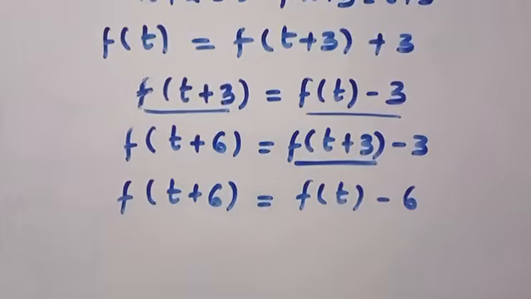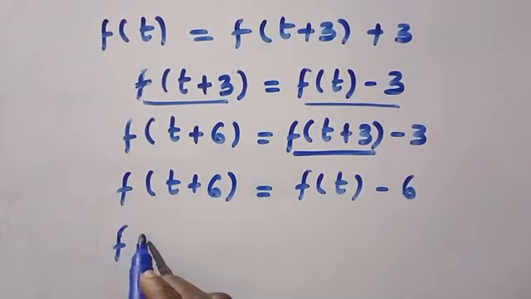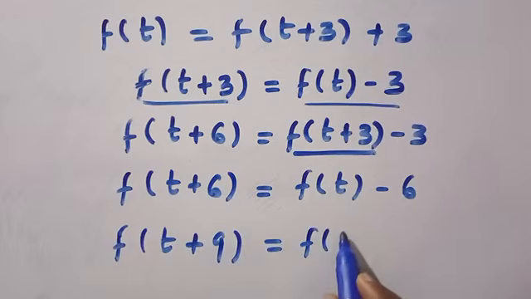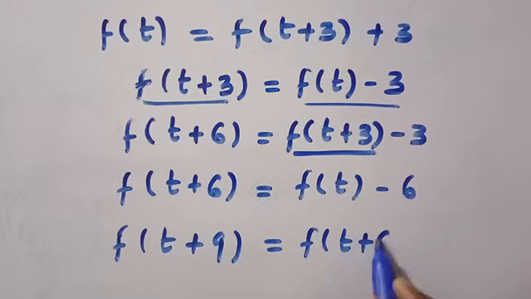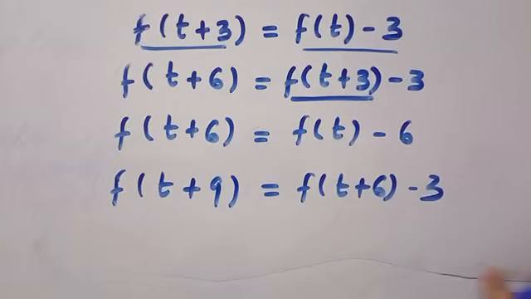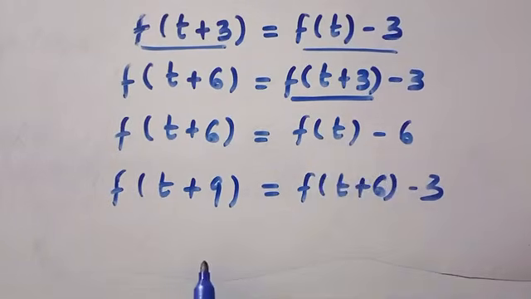And again, if I increase by 3, we are going to have f of t plus 9 equals f of t plus 6 minus 3, where f of t plus 6 is also given as f of t minus 6.